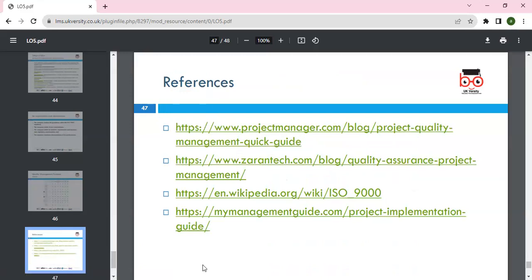So today we discussed, let me ask you a question: TQM. What does TQM stand for? Total quality management. Excellent, great. What about ISO? What does ISO stand for? International Standardization Organization. Okay, right.